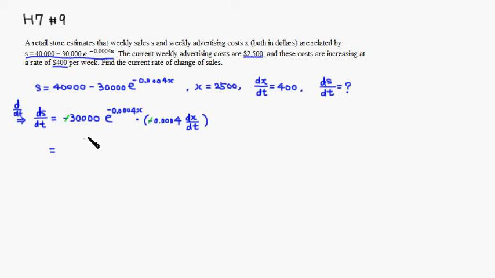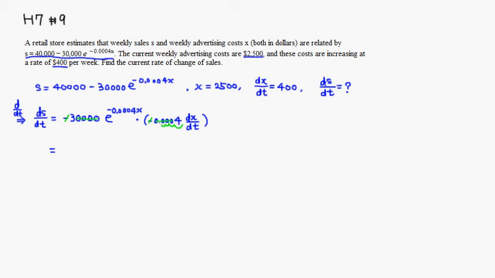Then there are 4 zeros, so we can move the decimal point 4 places and get rid of the 4 zeros here.